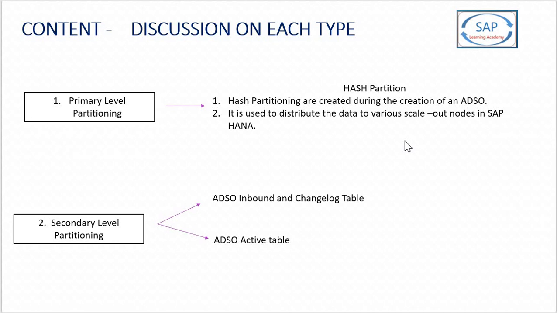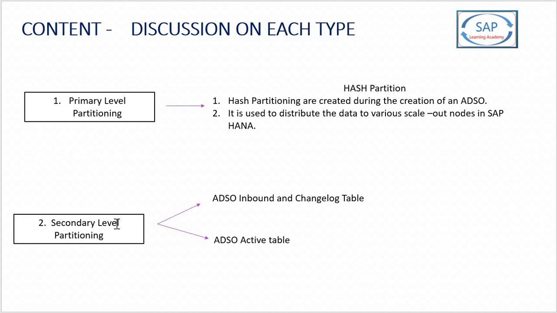Then the system decides how to distribute the data across various scale-out nodes in your HANA system. You would have different nodes where data is stored. The system will decide automatically, by this hash partitioning concept, where to store the data and how much, like in master data or in other nodes.